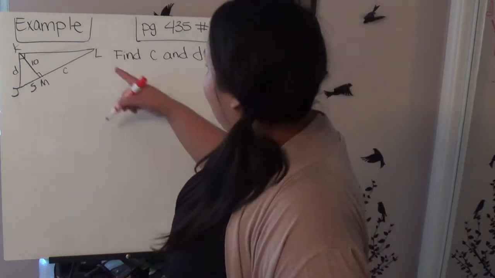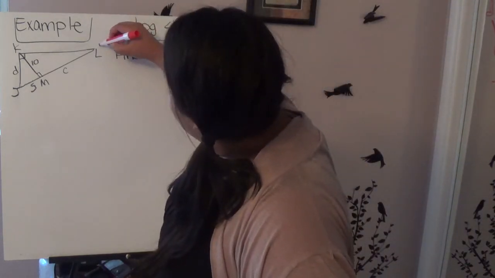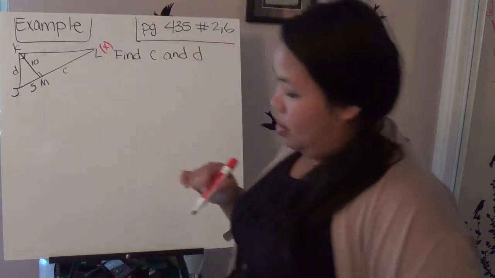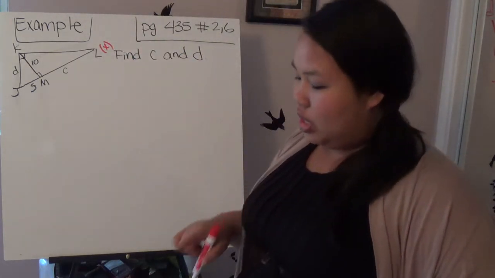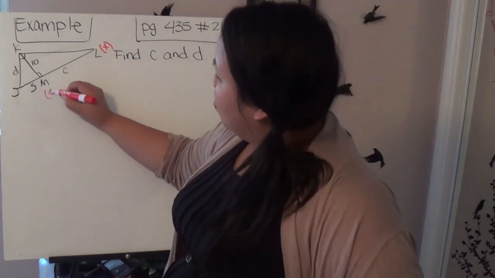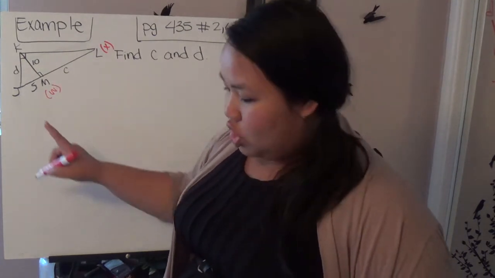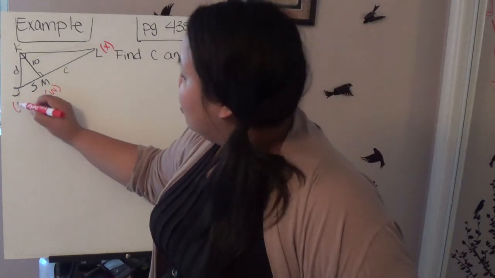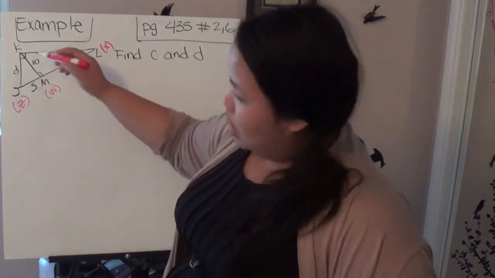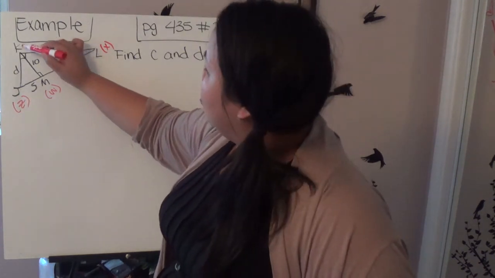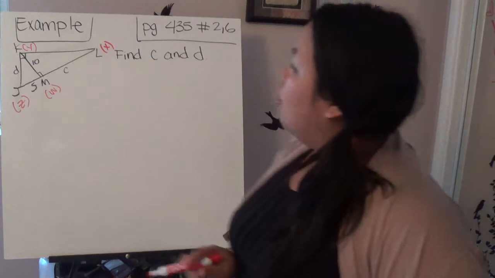So L would be X, M would be W, J would be Z, and K would be Y.